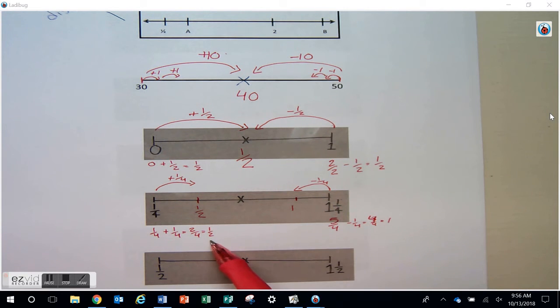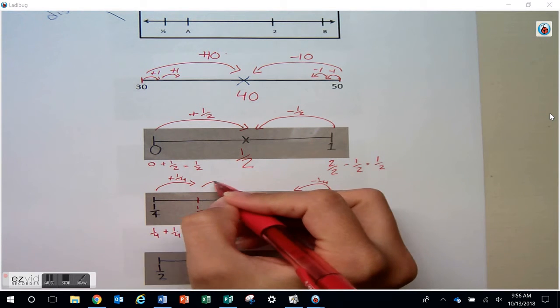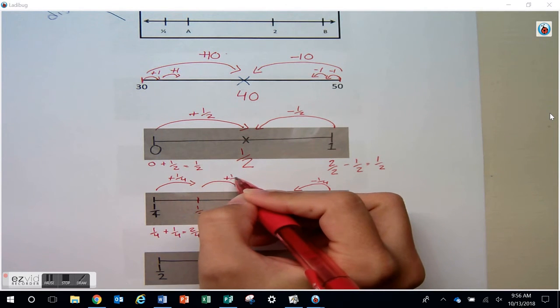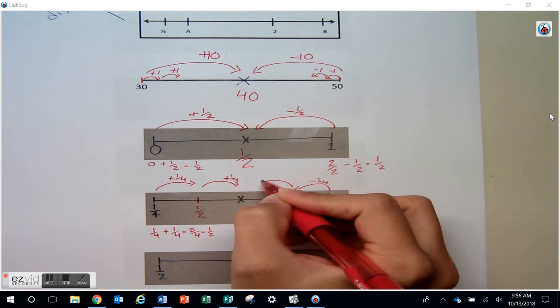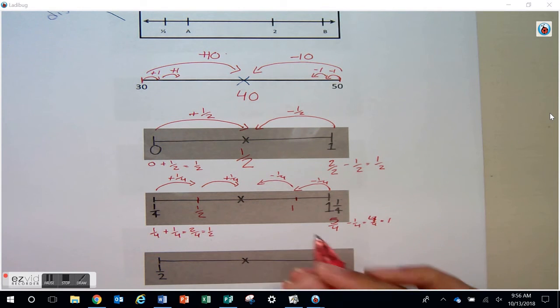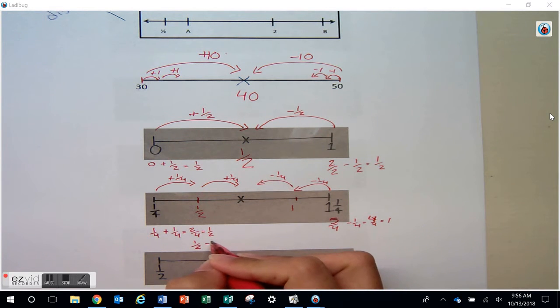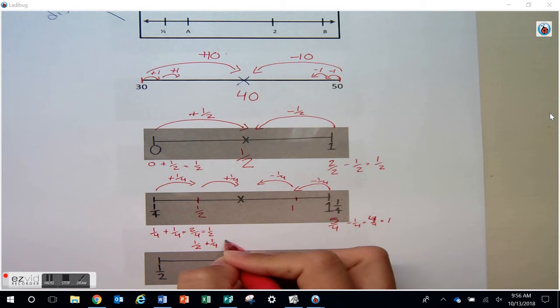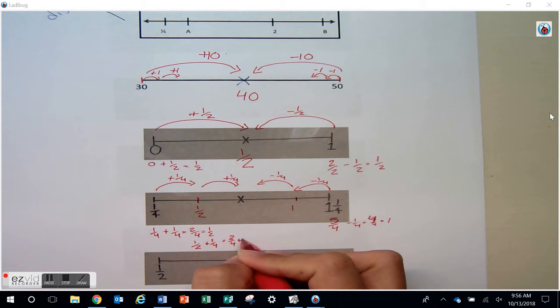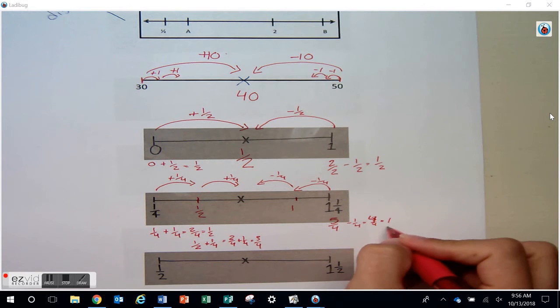So I'm going to go again. And I'm going to add 1/4 and I'll subtract 1/4. Let's see, 1/2 plus 1/4. That's the same as 2/4 plus 1/4, which gives me 3/4. Here we have 1, which is the same as 4/4. 4/4 minus 1/4 gives me 3/4.